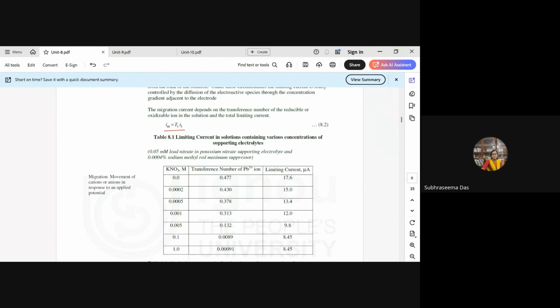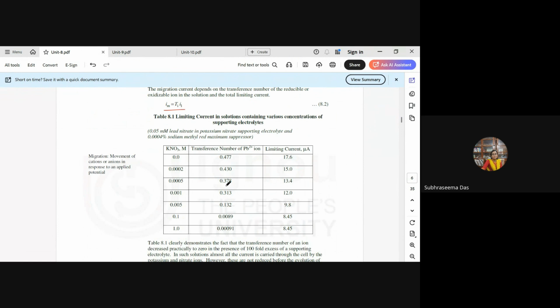In table 8.1, we can see the limiting current in solutions containing various concentrations of supporting electrolyte. For example, for KNO3, if it is 0 molar, then the transference number of lead is 0.77, and the limiting current observed here is 17 microamperes.